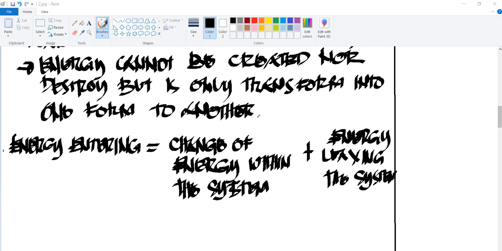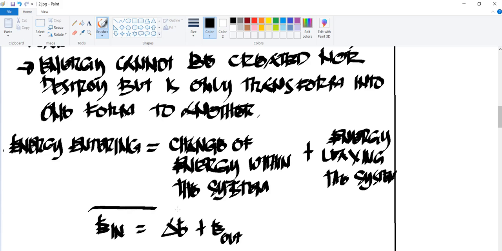Okay. So it can be shown in equation that energy entering is equal to the change of energy within the system plus the energy leaving the system. So we can rewrite it in the equation: energy in will be the change in energy plus the energy out.